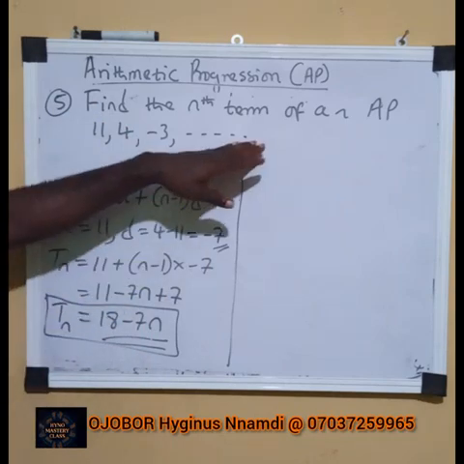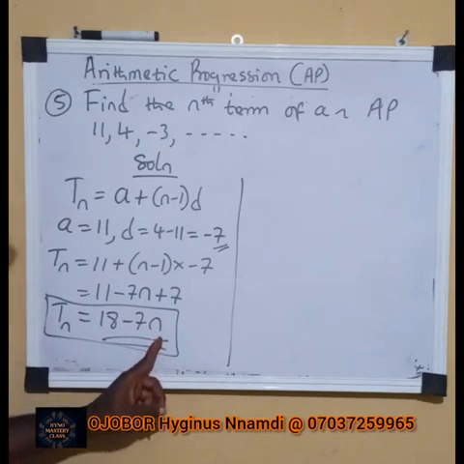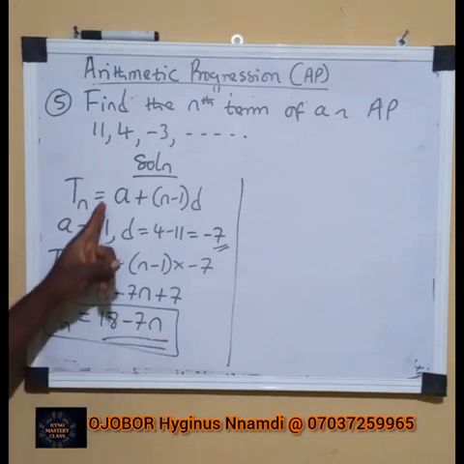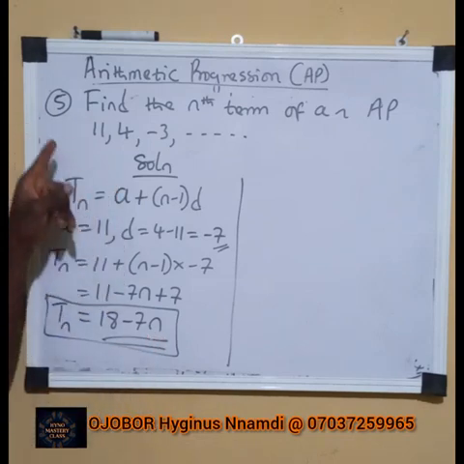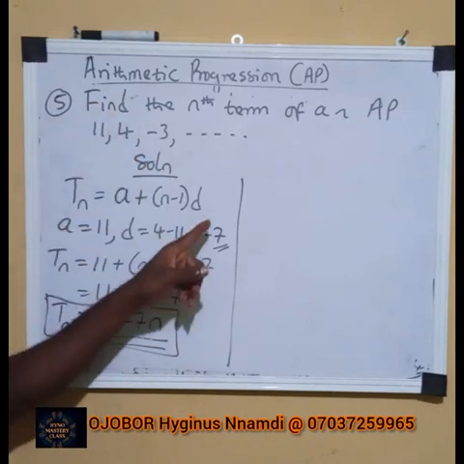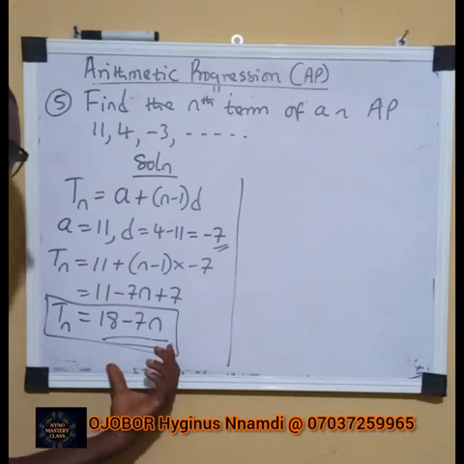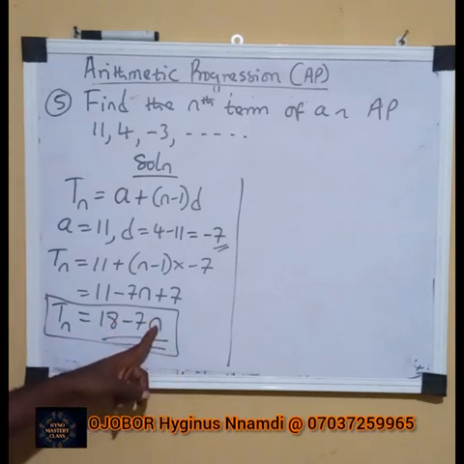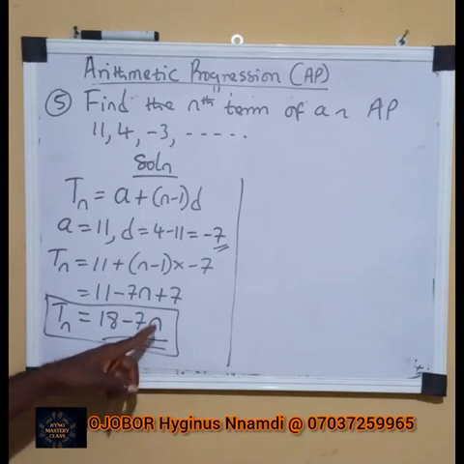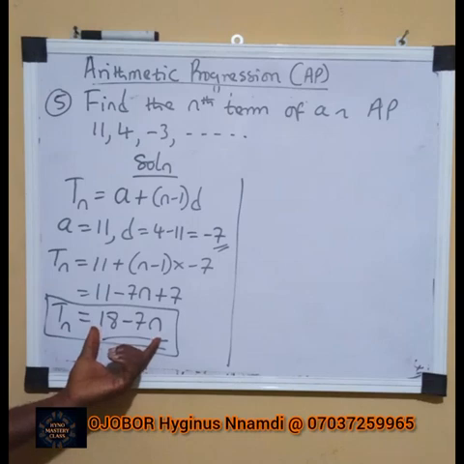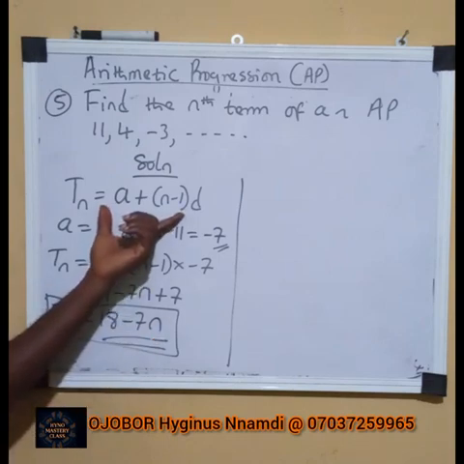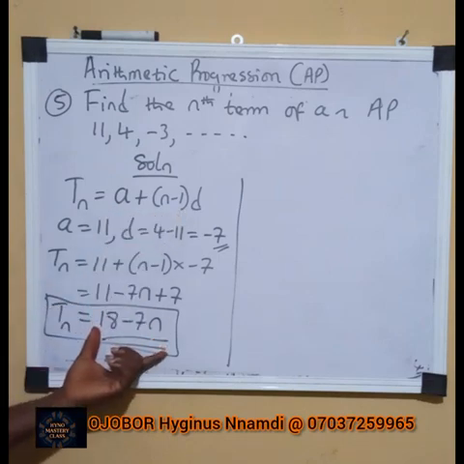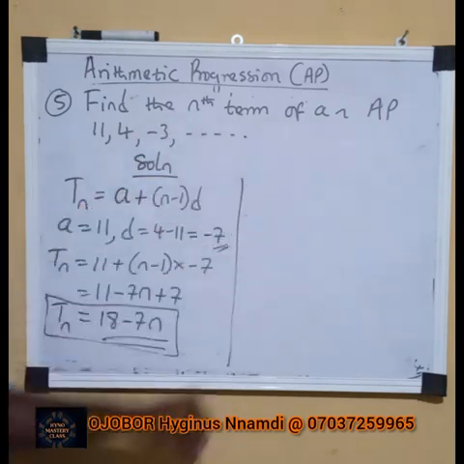So if we have to find the 10th term now, we just substitute n as 10 here and get it, instead of coming all the way here to substitute first term again, substitute common difference again. No, we can now use a simplified form of it. If it is the 6th term, we'll substitute 6 here. If it is 7th term, we'll substitute 7 here, and so on and so forth. This is a simplified form of this formula. That's what we refer to as the nth term of a sequence.